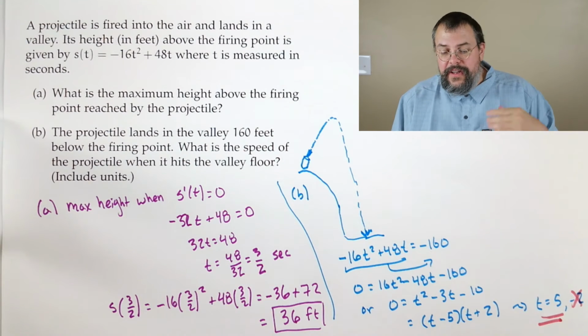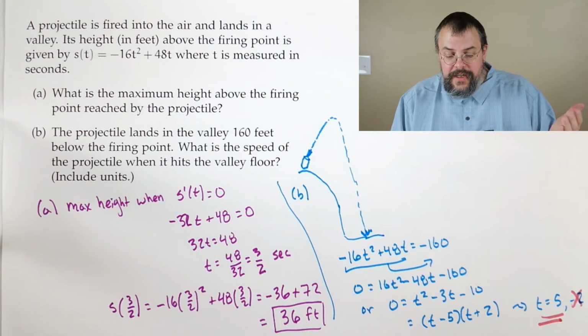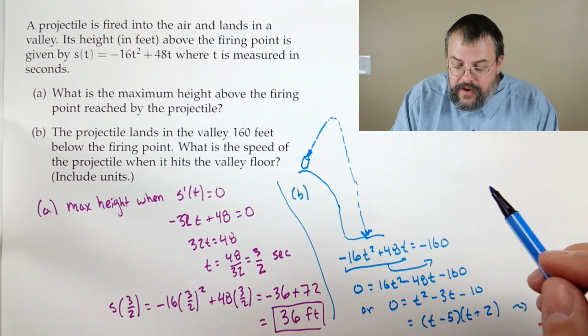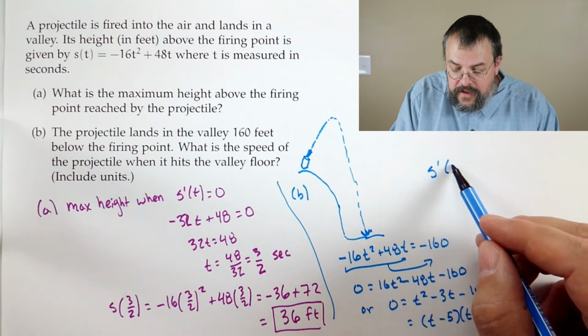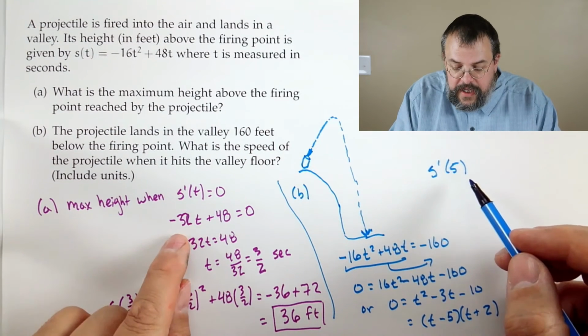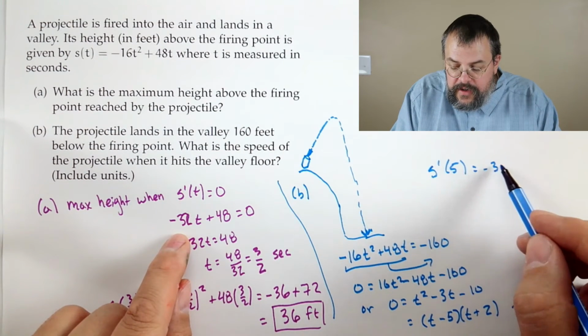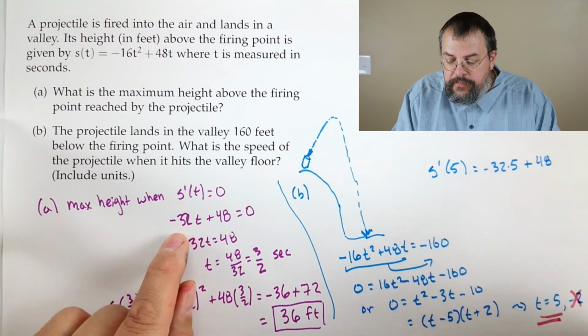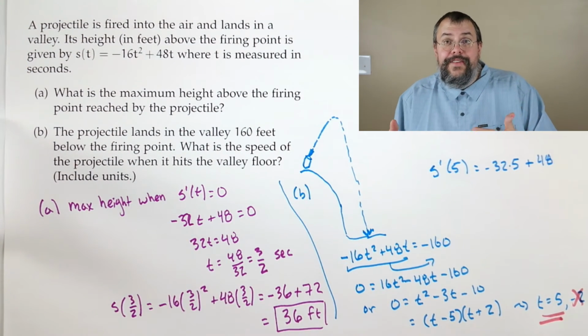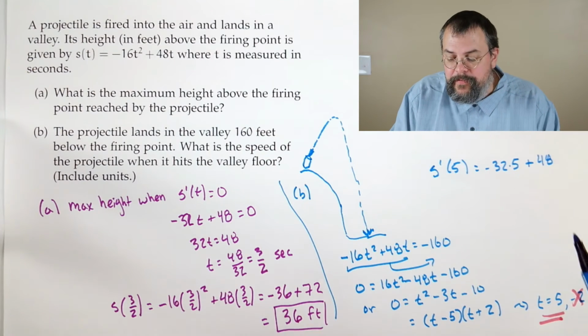Next thing we have to figure out is the velocity. That comes from the derivative. So s prime of 5, and I have s prime, it's right here. That would be negative 32 times 5 plus 48. 32 times 5 is 160.